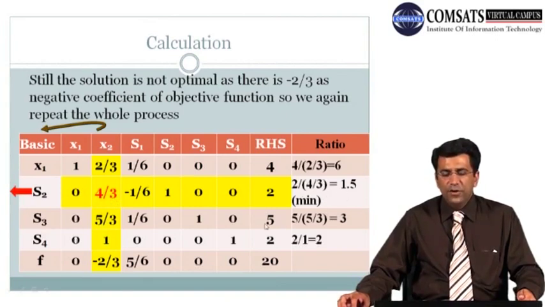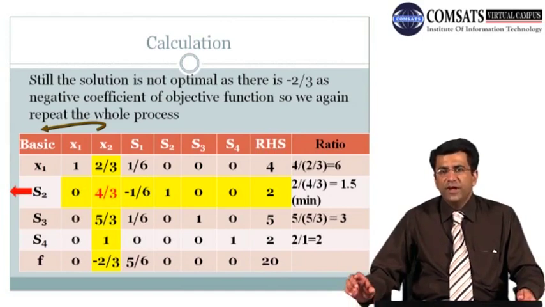Again we will divide this value of right hand side 5 against the corresponding pivot column value, that is 5/3, and we will get the value as 3. This 2 will be divided again by the corresponding pivot column value, that is 1, and we will get it as 2. So after calculating all of these ratios, just ignore the negative values or values which have become infinity. We will just ignore these two types of values.